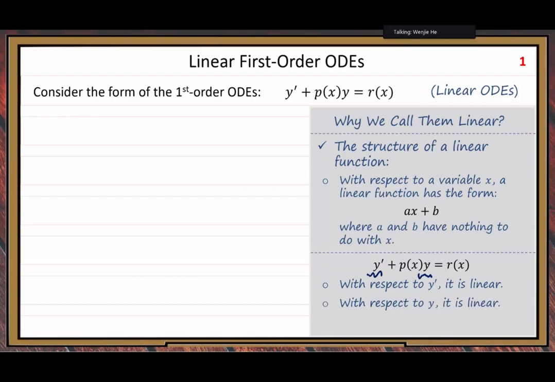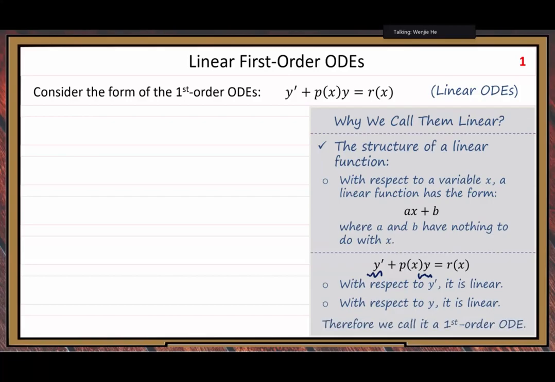Then, with respect to the y variable, all other non-y terms can be treated as constant. Then you have another linear term. If both are linear, then your equation is linear.